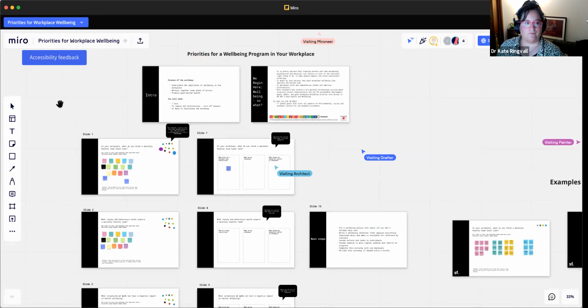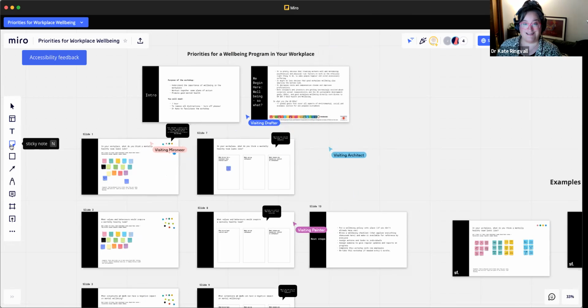The hand cursor is mostly just to move your board around, up and down and across. And your cursor is to click onto specific things and action stuff. Then the letter T is just to put in text. And the sticky note is to add sticky notes, because we're going to be writing on sticky notes on the different slides that we've got here.